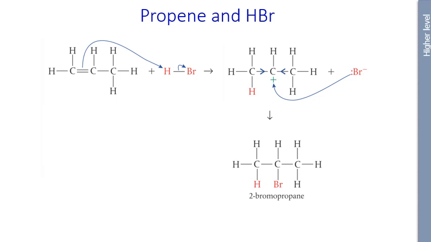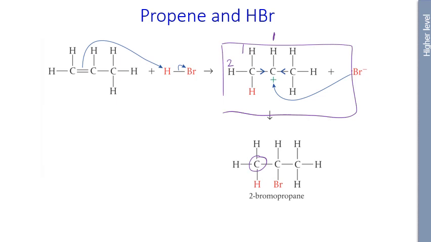If we form the carbocation intermediate, as we've done here, you will see that one carbon has two hydrogens attached and the other only has one. So Markovnikov says the hydrogen is going to bond to the one with the most hydrogen substituents, so this carbon here will have the hydrogen. It's Markovnikov's in action.